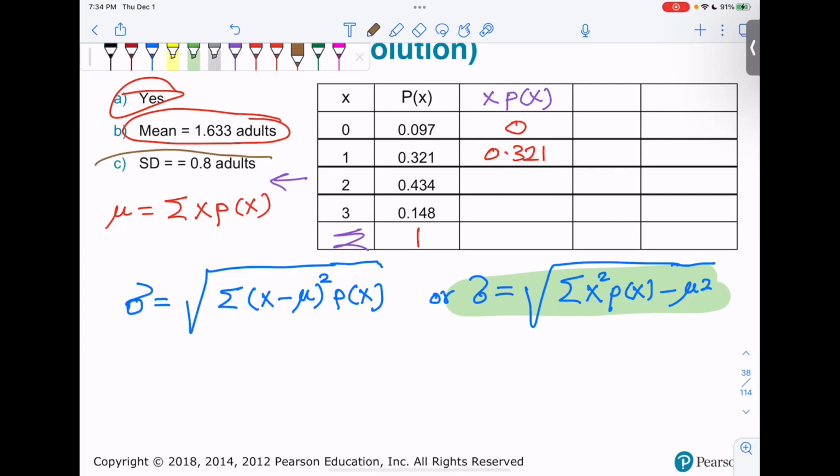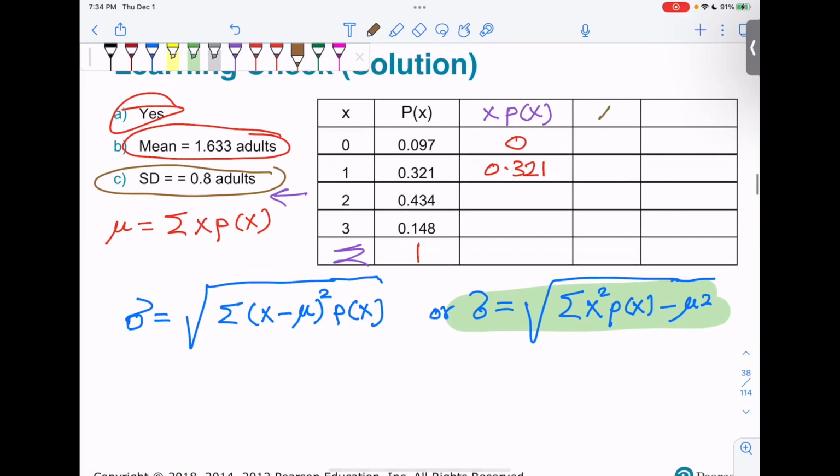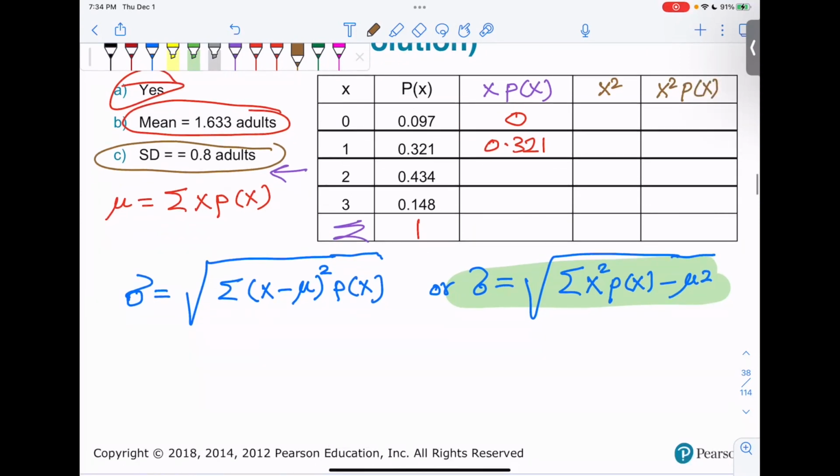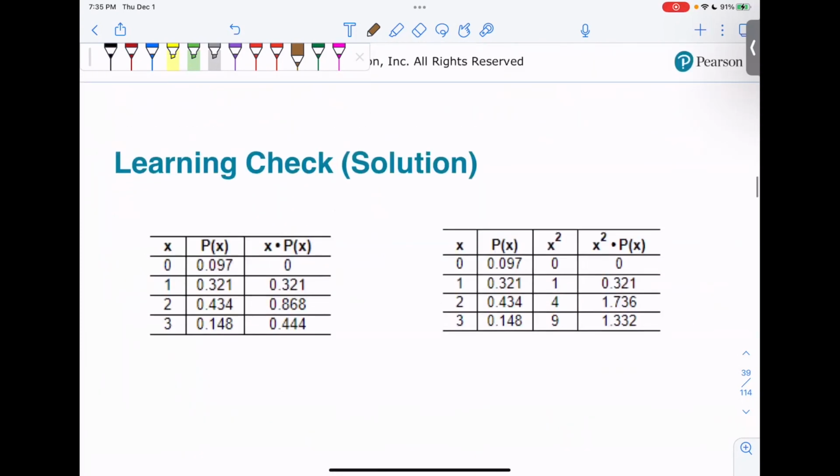If you do this, you will get the value 0.8. To do this, we have to find x squared first, and then x squared times P(x). For the first two values it will be the same, 0.321. Then the next one, we take 4 times this value, and then 9 times this value, find those values, add them up, and put it here, minus 1.633 squared.